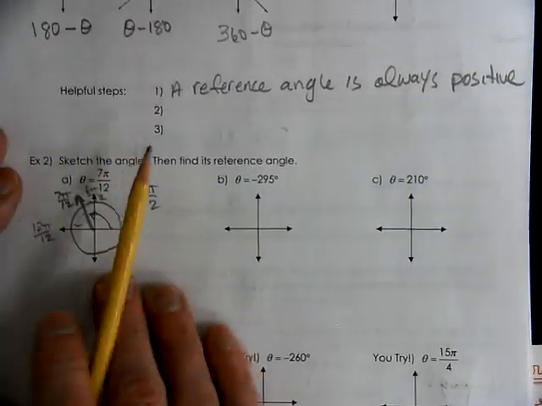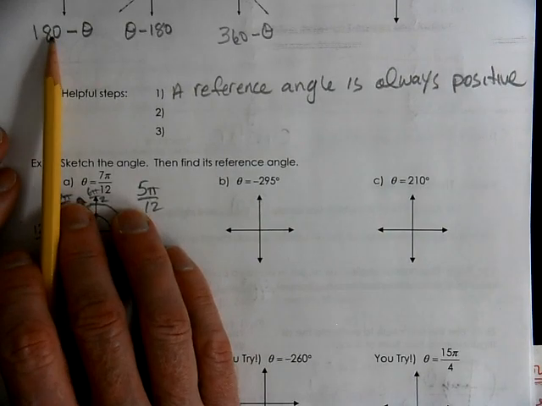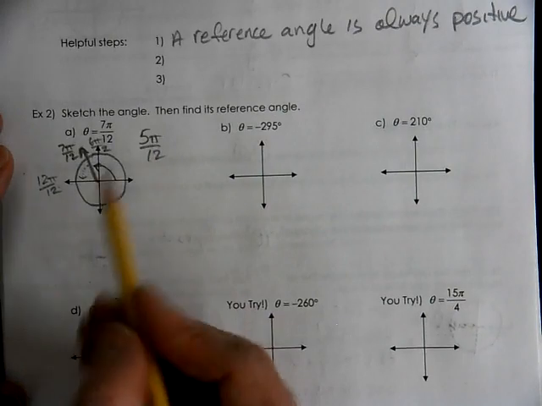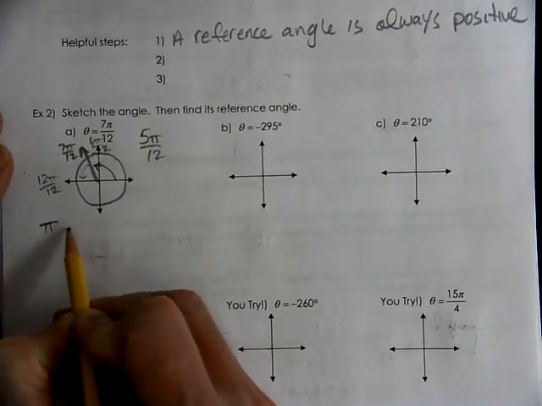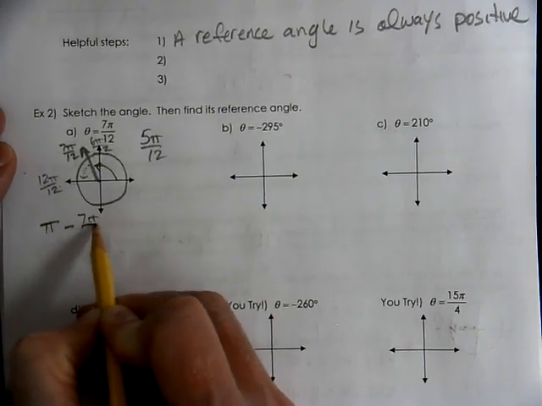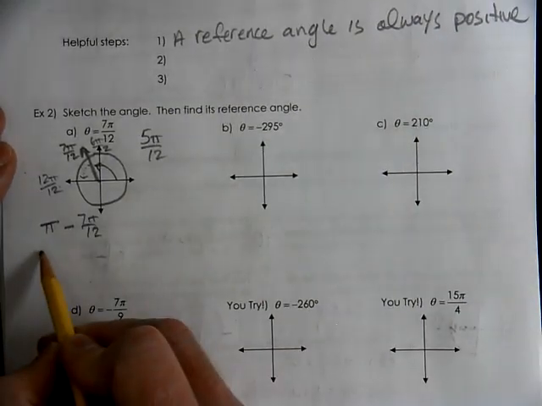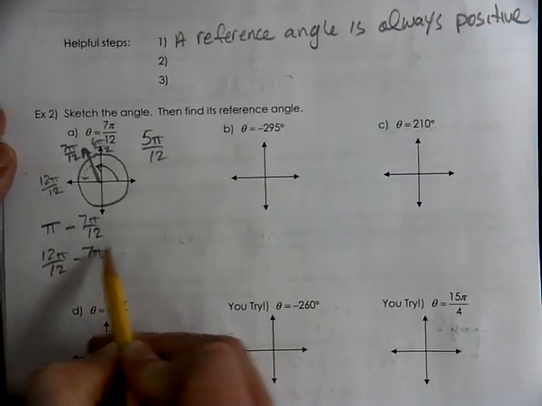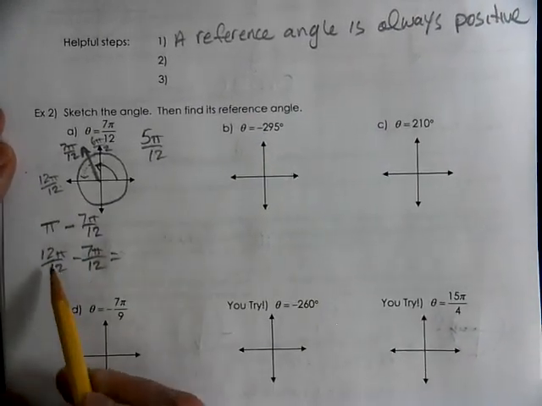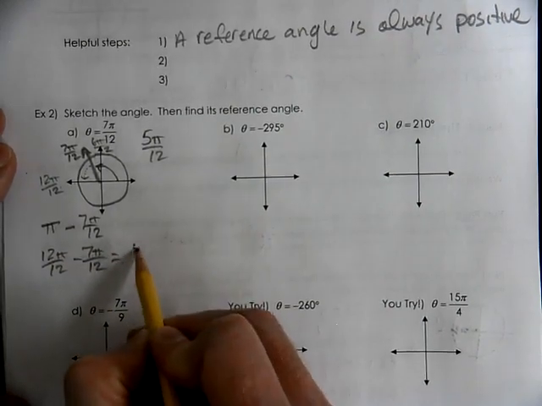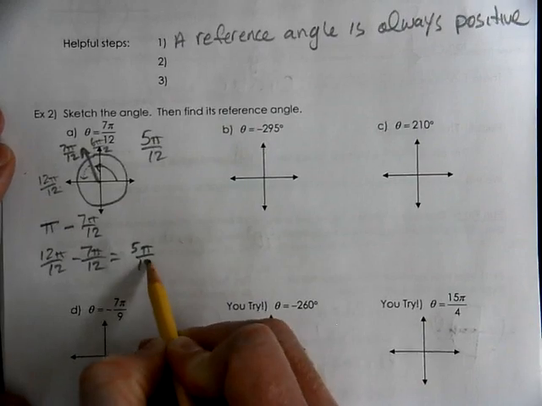Well, we could use our formulas. Instead of the 180, we would use a radian version, which is pi. So this is pi minus our angle, which was 7 pi over 12. Of course, you need to be with common denominators. So 12 pi over 12 minus 7 pi over 12 is going to give us 5 pi over 12.